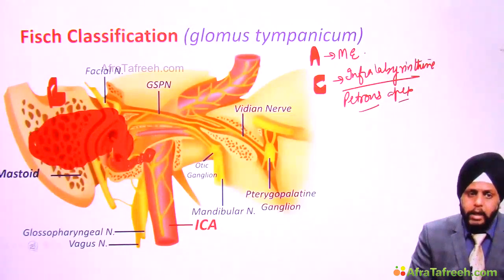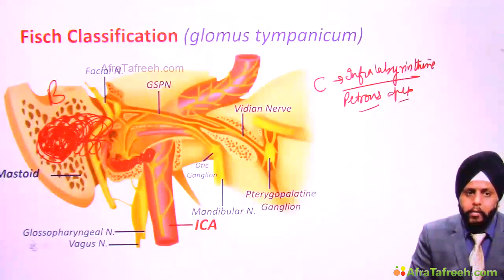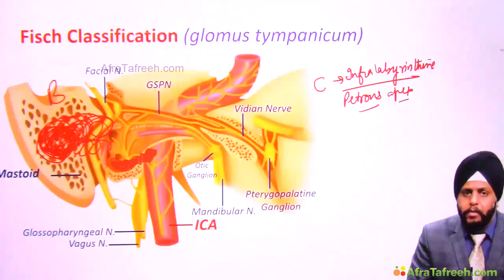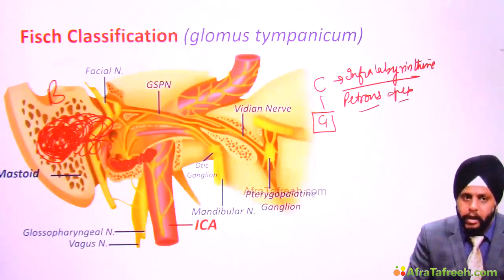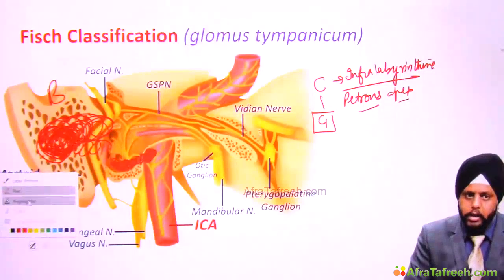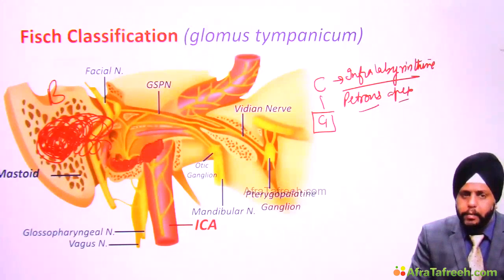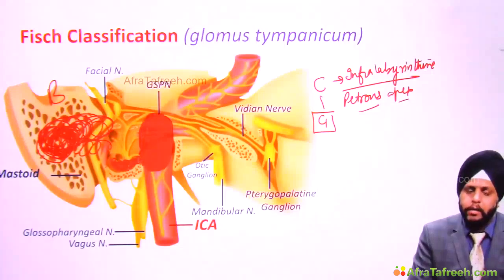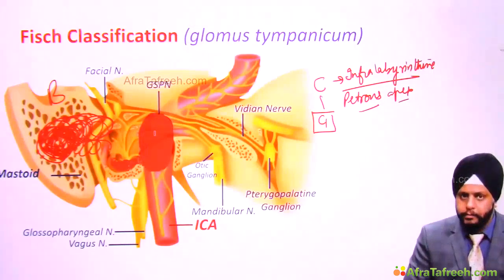So type C I can divide over here into type C1. C1 means limited involvement of the vertical segment of carotid artery. Okay, type C1 is limited involvement of vertical segment. Type C2. C2 means now the vertical segment is largely involved.